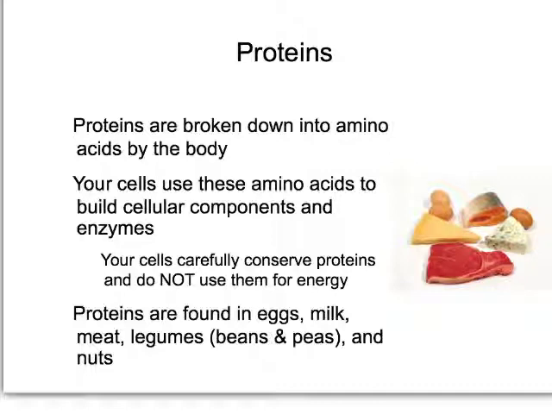Okay, so carbohydrates and lipids can be broken down for energy. Proteins usually are not broken down for energy unless it's dire straits. Proteins are found in eggs and milk, meats, legumes, which are beans and peas, and in nuts.